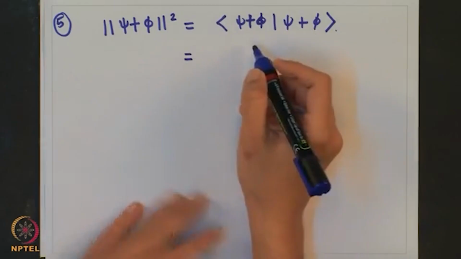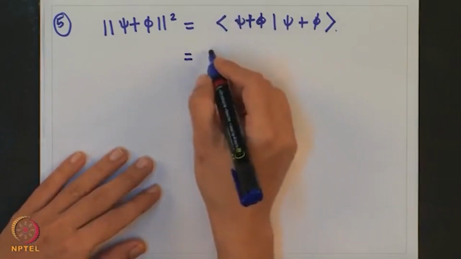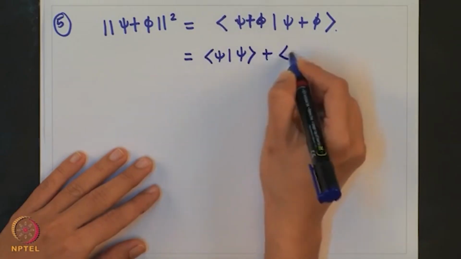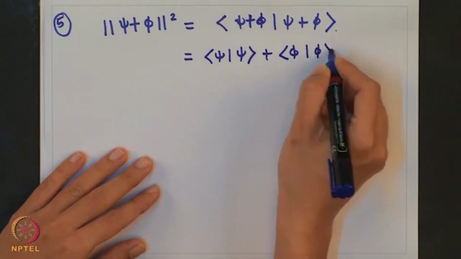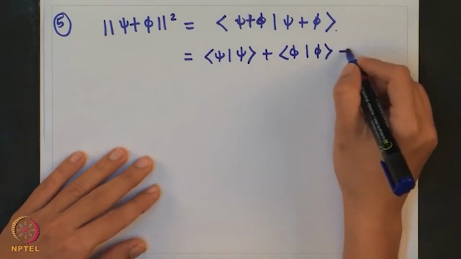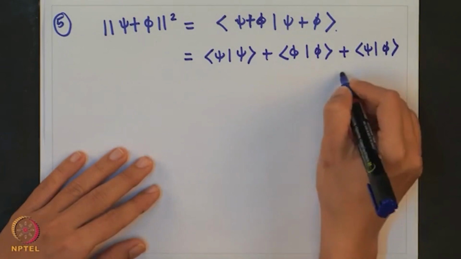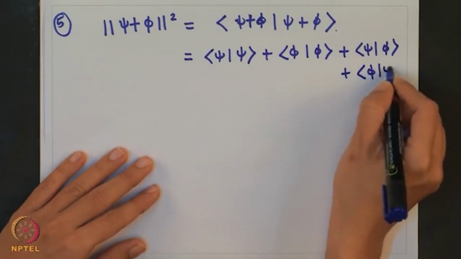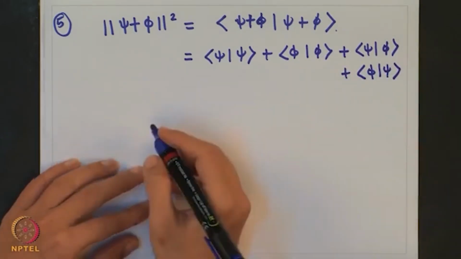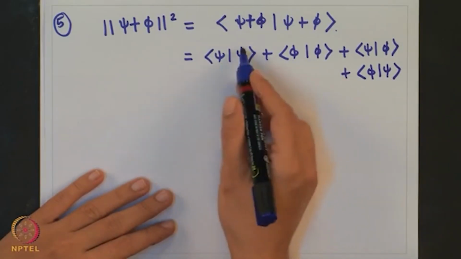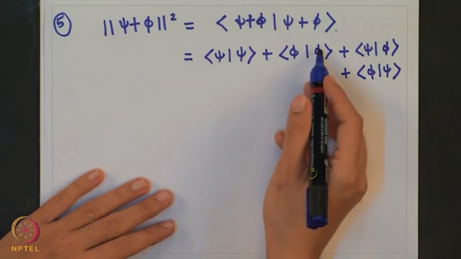Now, this associative property we use, this will be nothing but psi on psi, phi on phi, plus the cross terms. Now, from here you can see that this will always be greater than 0.